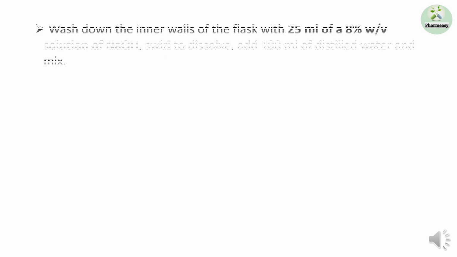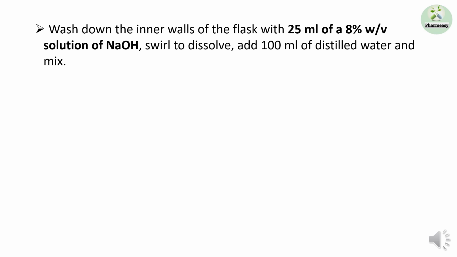And then wash down the inner walls of the flask with 25 milliliters of an 8% weight by volume solution of sodium hydroxide, agitate to dissolve, and add 100 milliliters of distilled water and mix.